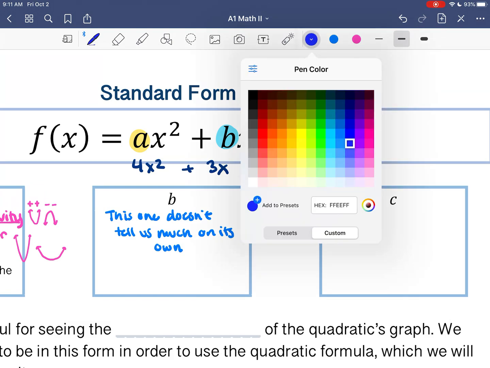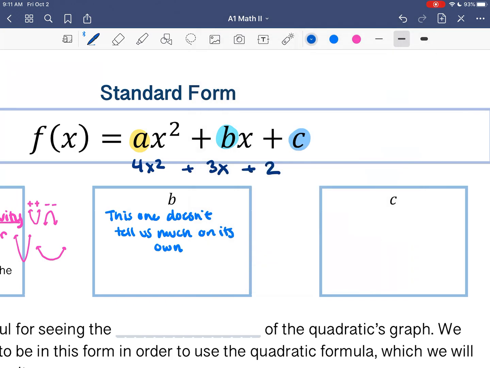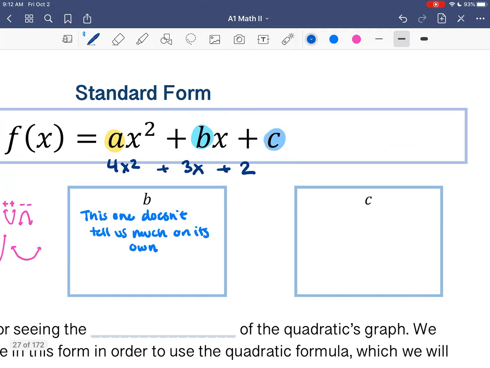And last we have the c value. The c value is the y-intercept of the function. So the y-intercept will happen at (0, c).